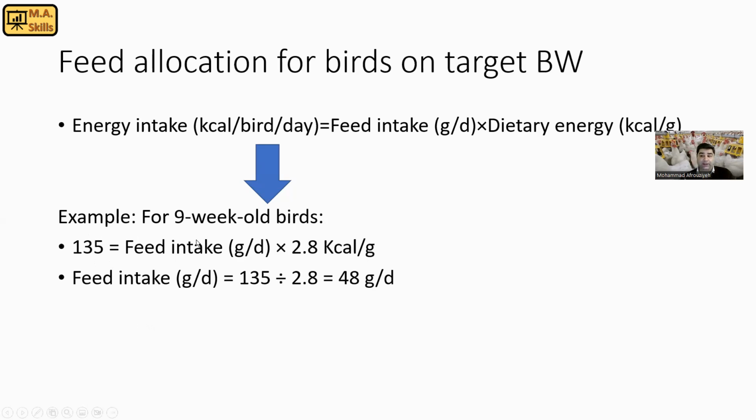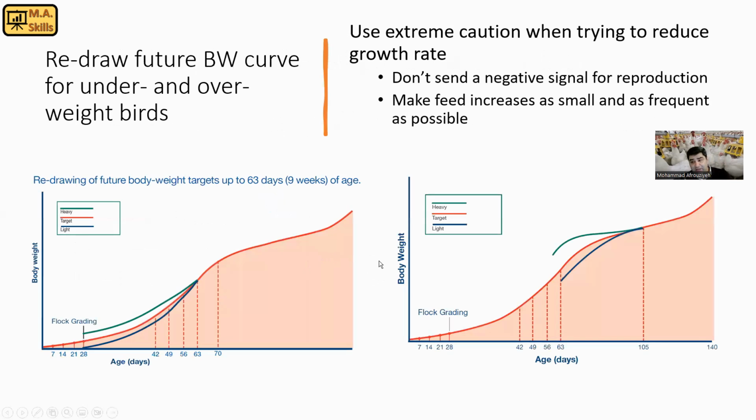But again, feed allocation should go up, small and steady. And for the body weight gain, again, they should gain weight every day. But if they are overweight, you are going to decrease the rate of body weight gain.